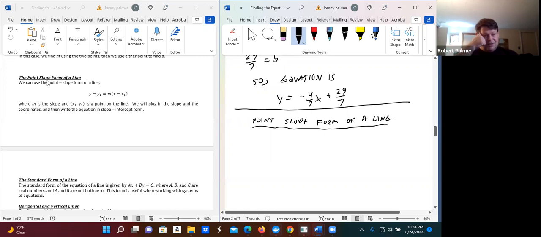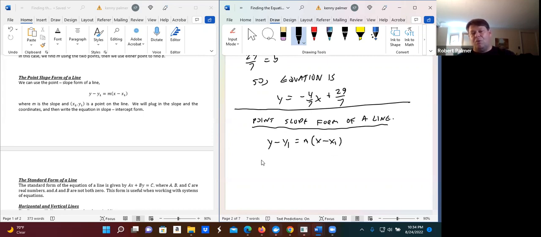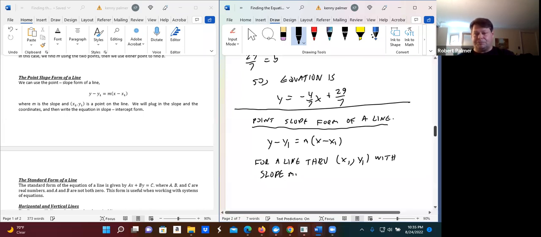As it says, we can use the point slope form, which looks like this: y minus y1 is equal to m times x minus x1, for a line that goes through the point x1, y1 with a slope of m.